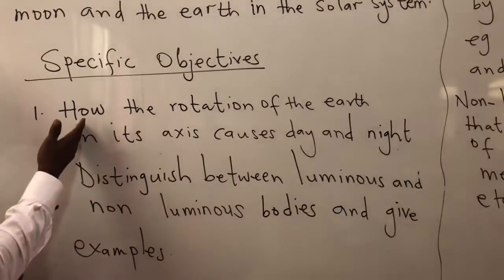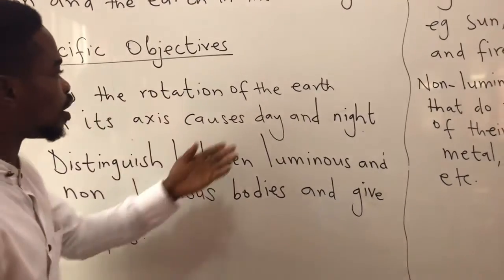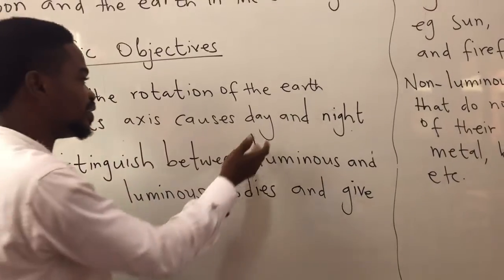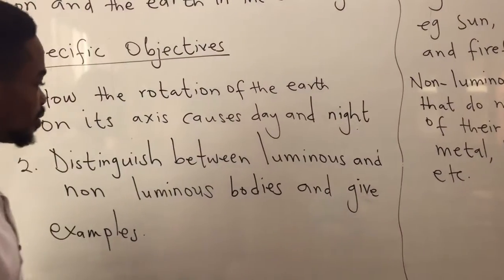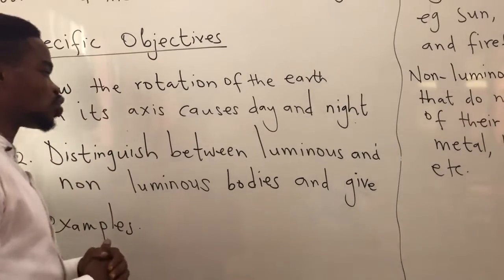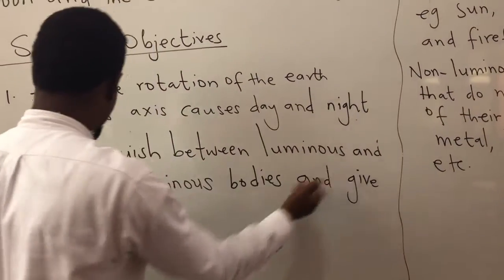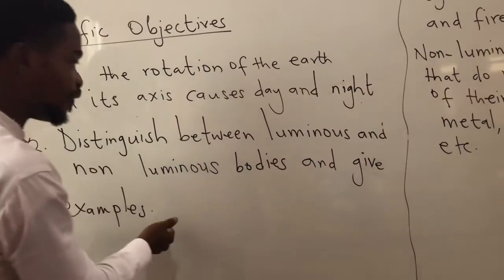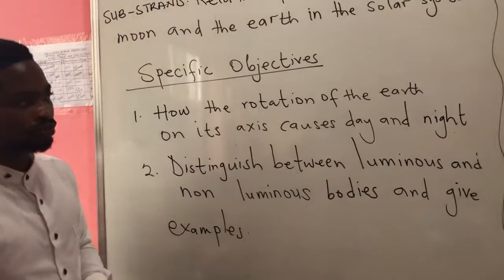One is how the rotation of the earth on its axis causes day and night, and also to distinguish between luminous and non-luminous bodies and give examples.